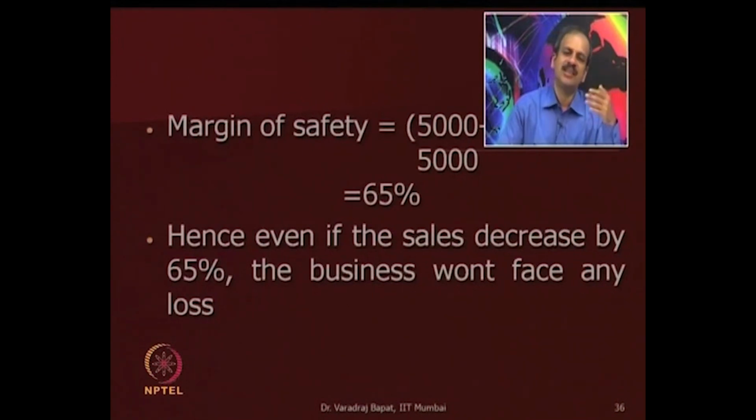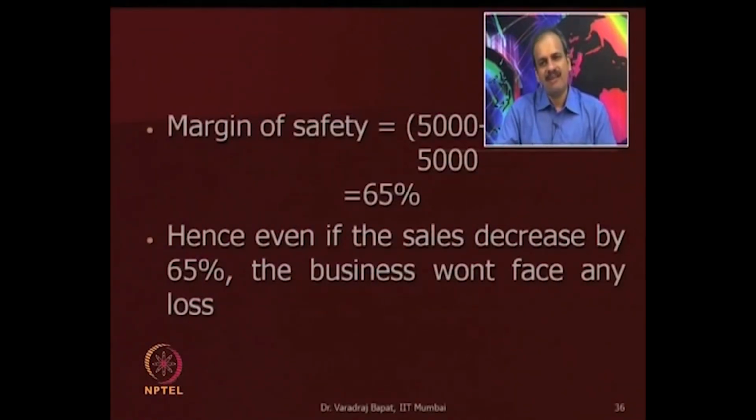In terms of percentage, you can say 5,000 minus 1750 upon 5,000. So we get 65%, which means that even if our current sale of 5,000 falls by 65%, we won't land up in losses. So this shows the margin we have with which we can face the recession or fall in volume.